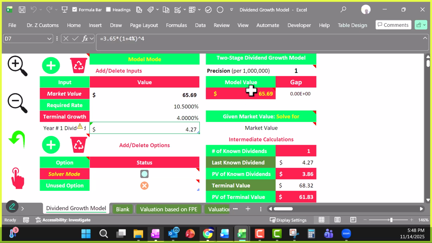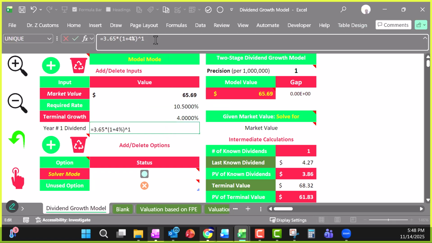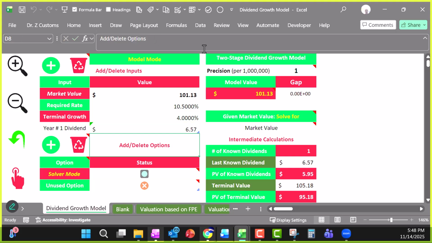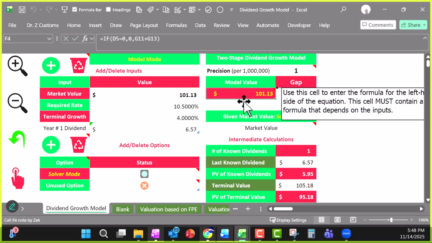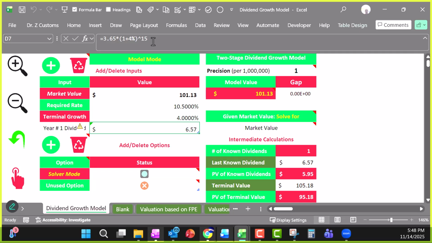So 3 years from now, this stock actually is going to go up in value. How about 15 years? This time I'm going to grow it for, no, 16 years. I'm sorry.